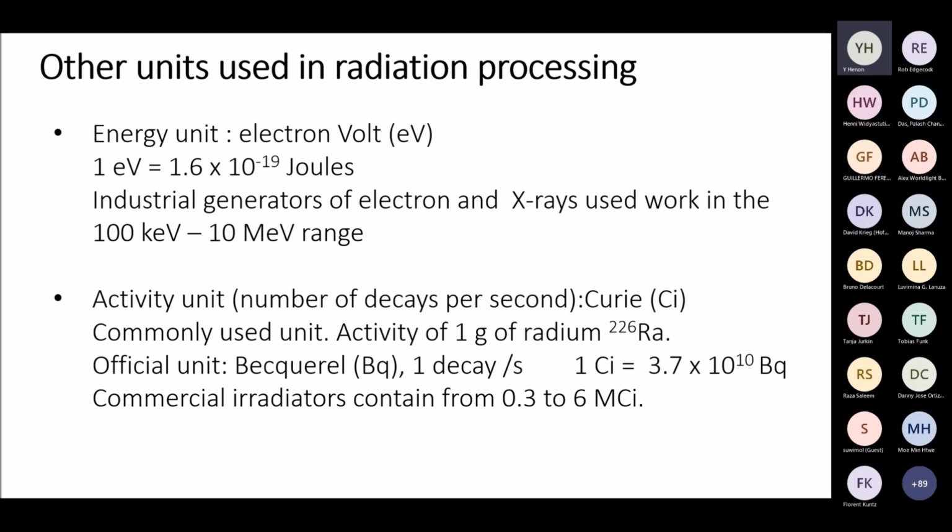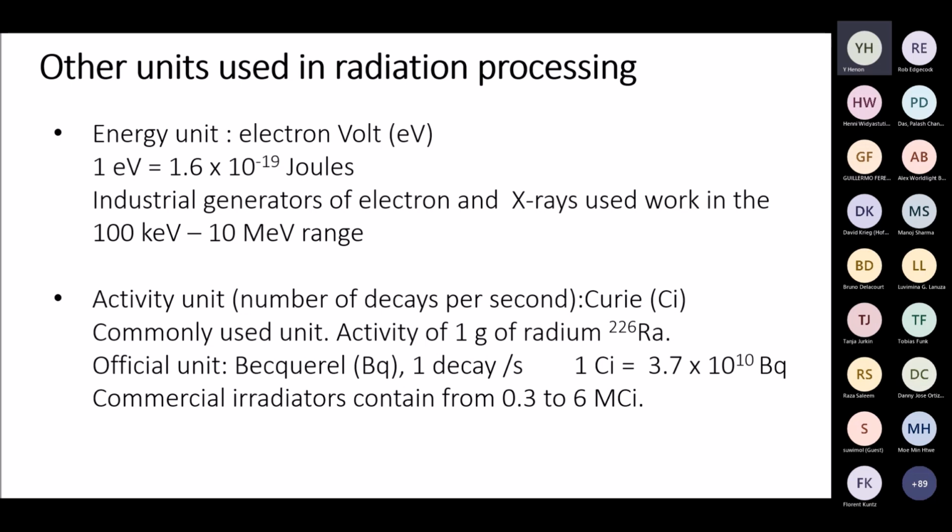The official unit is the becquerel. It's much more simple because it's simply 1 decay per second, but you see that 1 Curie is 3.7 times 10 to the power 10 becquerels, meaning that this becquerel unit has very little relationship with the natural radioactivities.